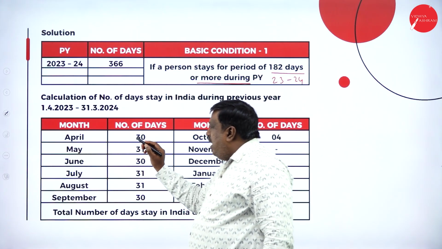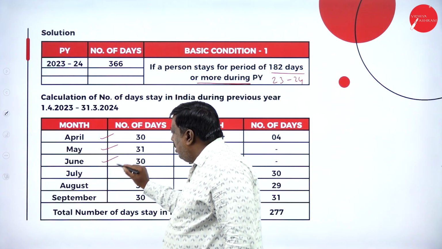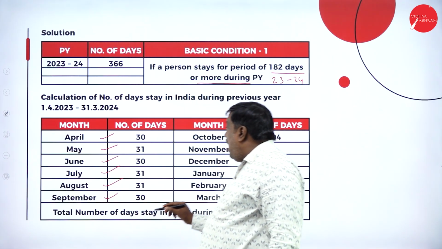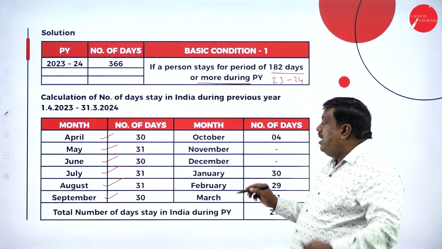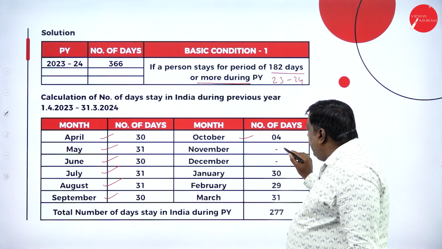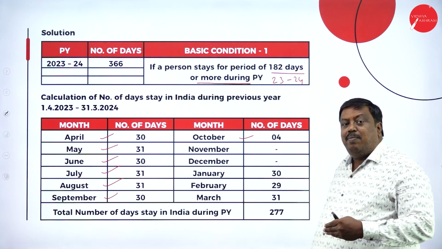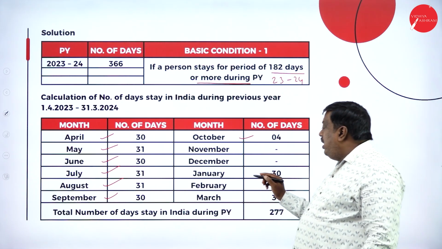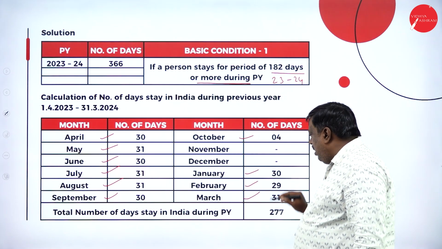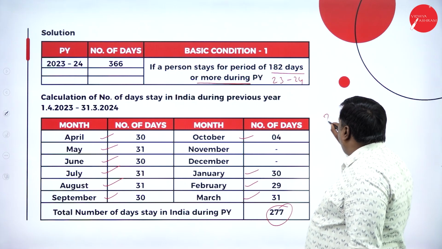In April, 30 days, May 31, June 30, July 31, August 31, September 30, and October, I left India on 5th, which means up to 4th I was in India. November, I was not in India. December, I was not in India. January 2nd, I returned back. So including the 2nd, in the month of January, I was in India 30 days, February 29 days, March 31 days. Totally I was in India for a period of 277 days.